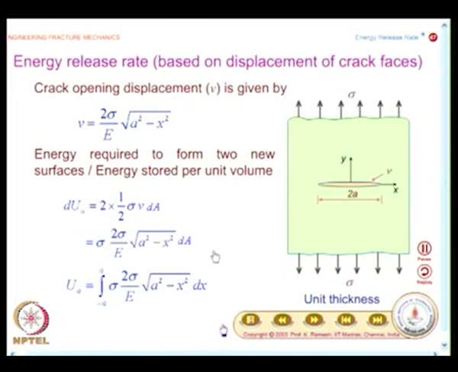This also holds in the very close vicinity of the crack tip, as sigma y is not affected by sigma x, and you are really looking at the v displacement, not the other displacement component. So people have used it, but whatever result we have got, that is G equal to K squared by E, remains the same.